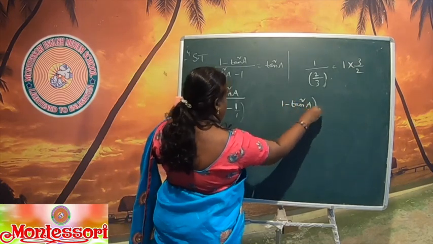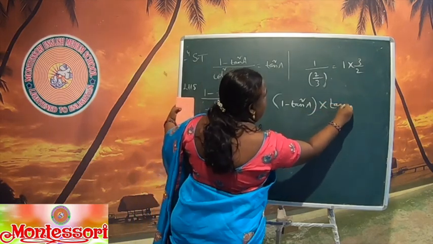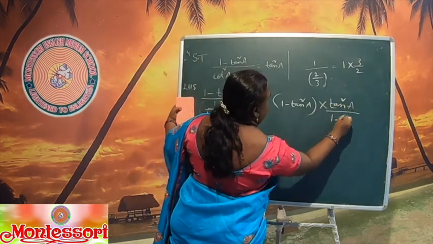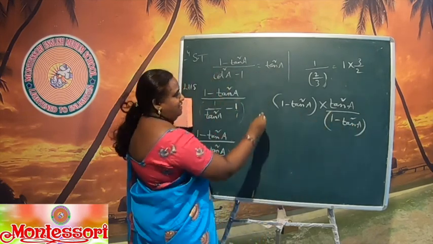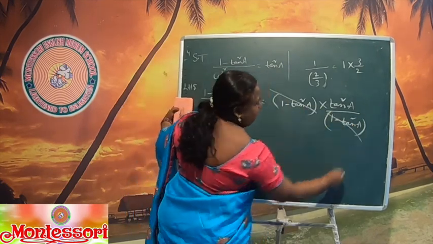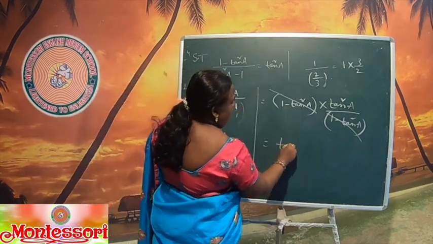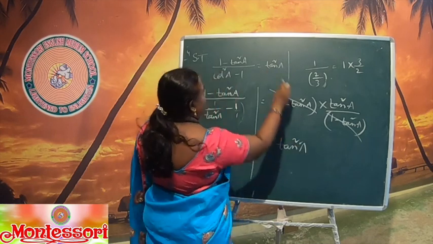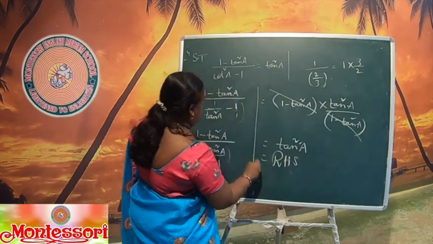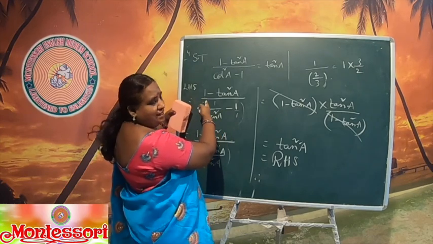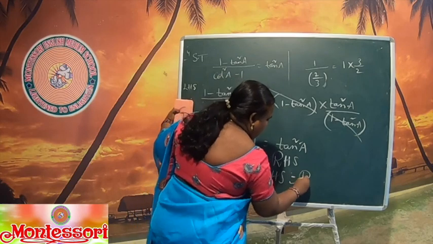Now this fraction should be reversed into tan square A by 1 minus tan square A. You see children, this is in multiplication, so both terms get cancelled. So the answer is finally 1 into tan square A. This is nothing but RHS. So I started with LHS and I proved it as tan square A. So LHS equals RHS.